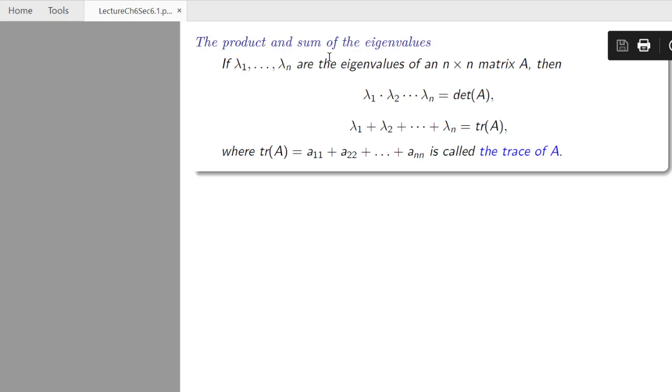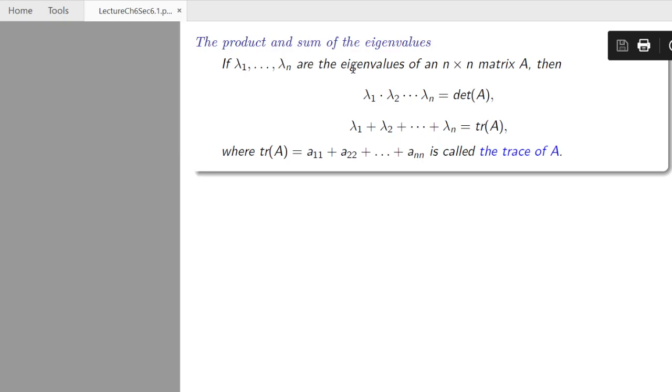Because the characteristic polynomial is a polynomial of degree n. Degree n, we should get n roots by the fundamental theorem of algebra, so that we have n eigenvalues for the matrix A.